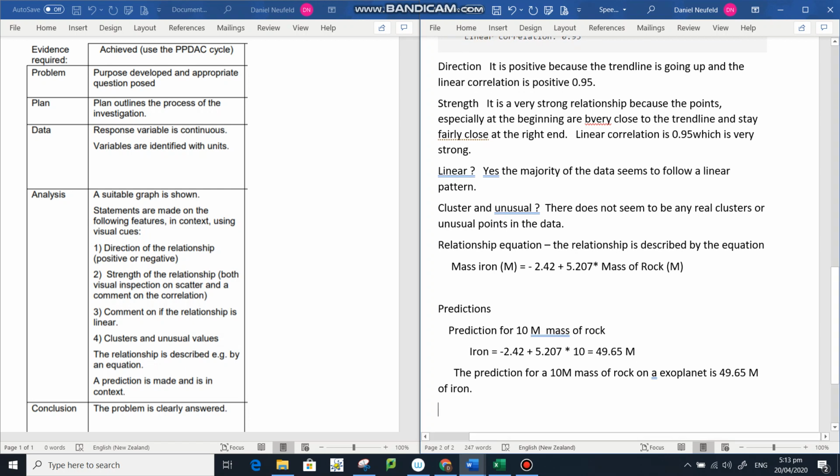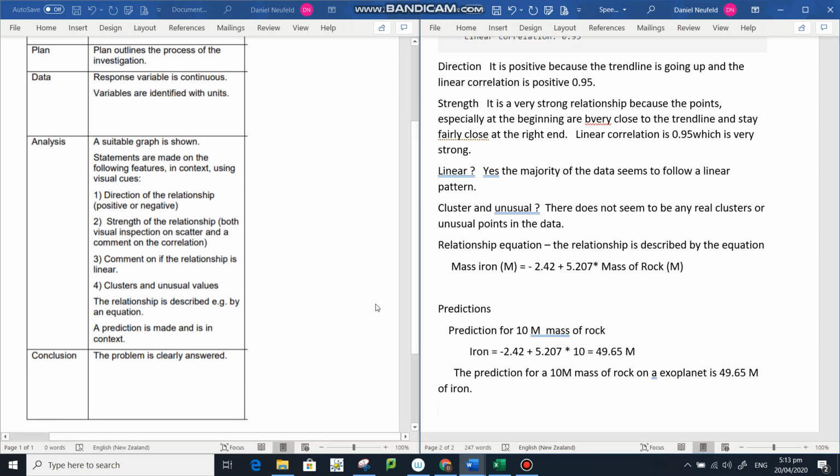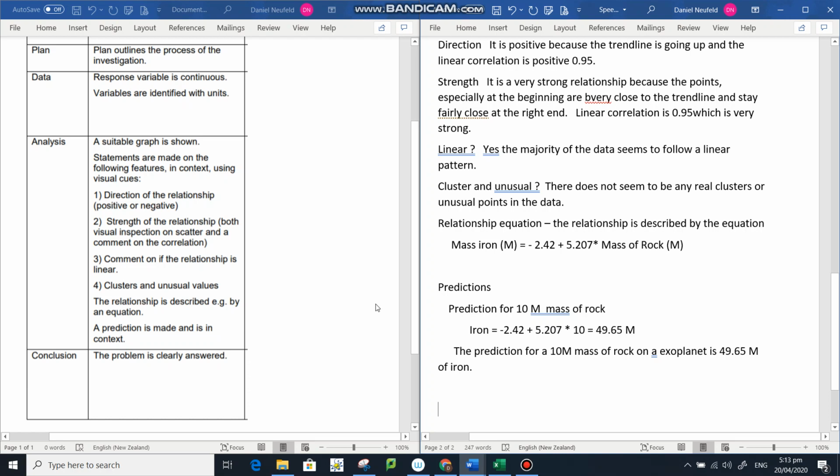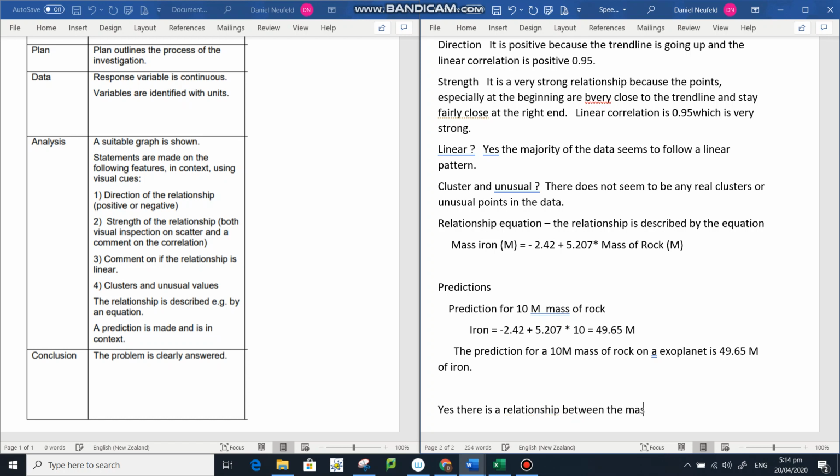Okay, next. The problem is answered clearly. We were saying yes. Yes, there is a relationship between the mass of rock and the mass of iron on a planet.